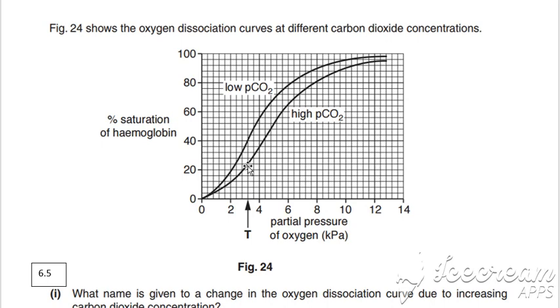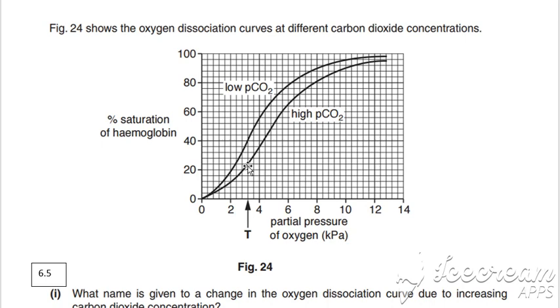And this is because the presence of the high concentration of carbon dioxide has lowered the affinity of the hemoglobin for the oxygen. So therefore it's going to unload that oxygen. It's going to unload it quicker so that it can get to those respiring tissues.